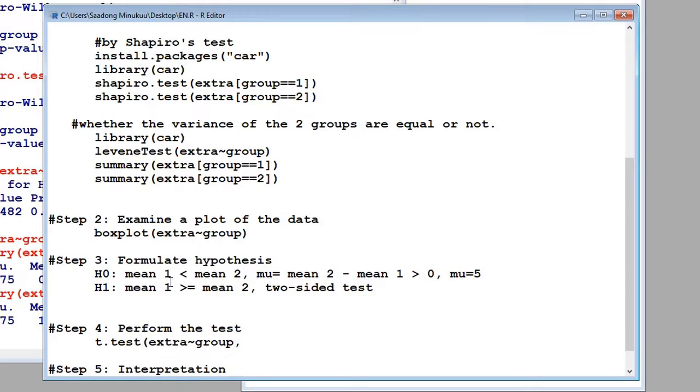If we had assumed that within the real population mean 1 and mean 2 were equal, then in that case mu, the mean difference between mean 2 and mean 1, would have been equal to 0. But since we haven't done that, we are assuming that this mean difference should be 5, for instance.